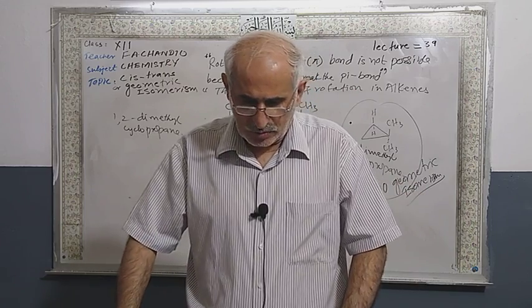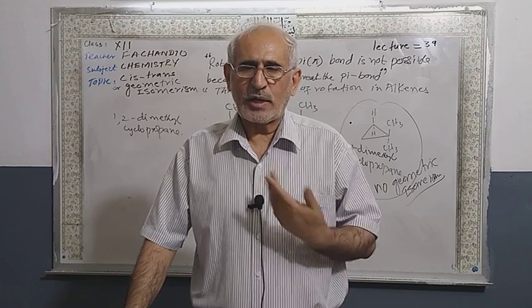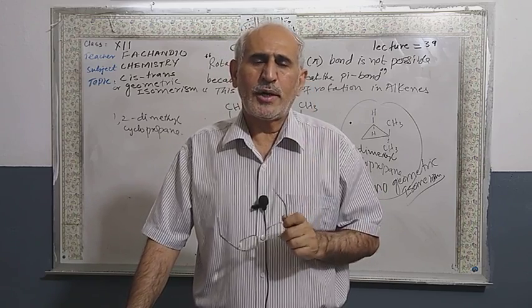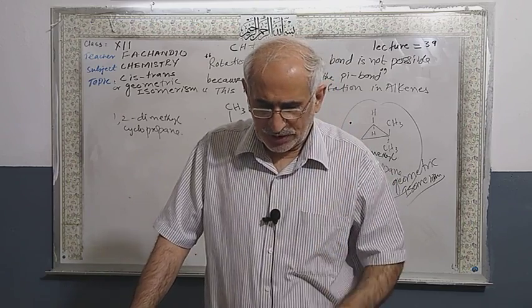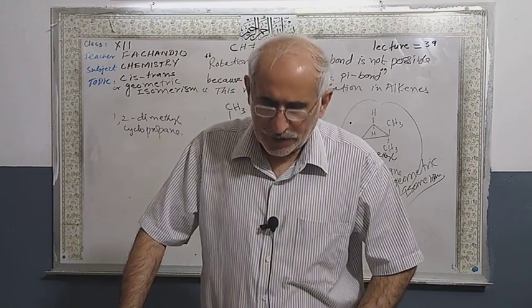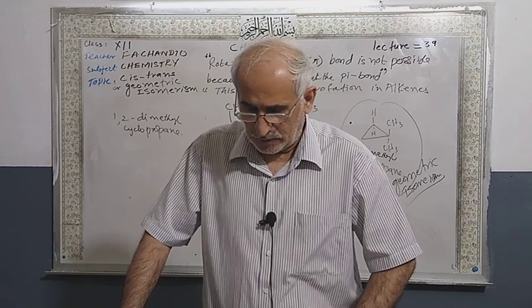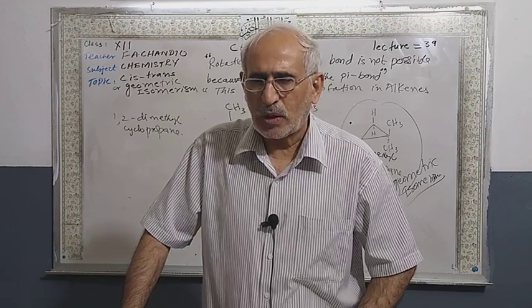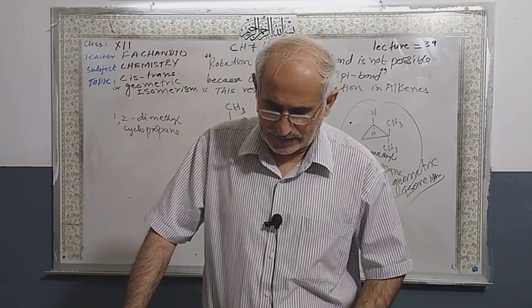Cis-trans isomerism occurs in open chain hydrocarbons containing a double covalent bond, a single bond and a pi bond. The very important thing is that rotation about the carbon-carbon double bond is not possible because it would break the pi bond. So that's why cis-trans isomerism is possible in this case.